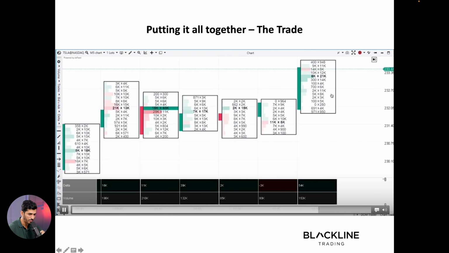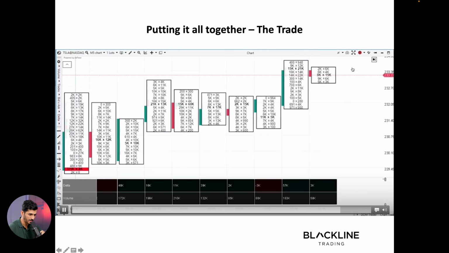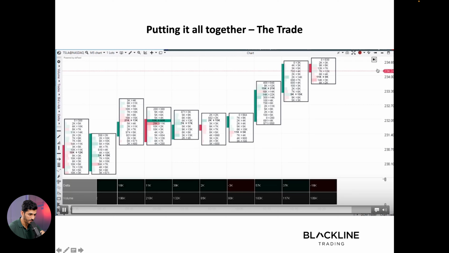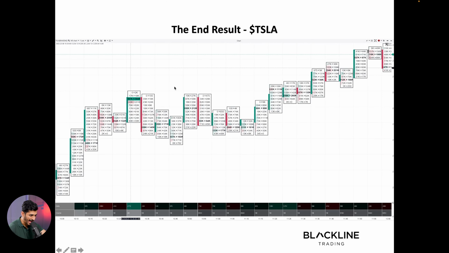And we have a breakout on the upside. A lot of consolidation, a lot of passive orders being filled. Once the positions are built up, we see a big move on the upside, all the way from 230 to 233 and more. So now let's look at the end result right here.